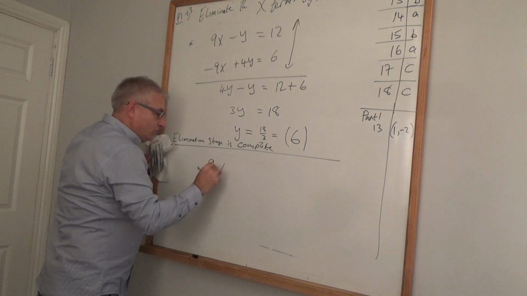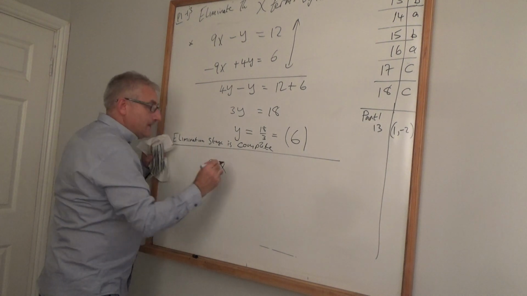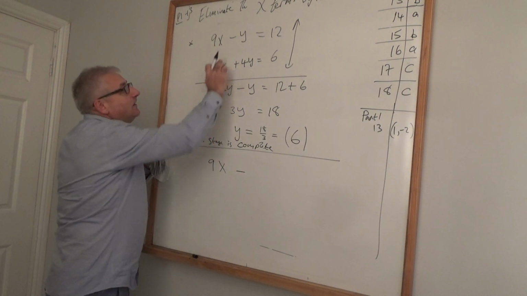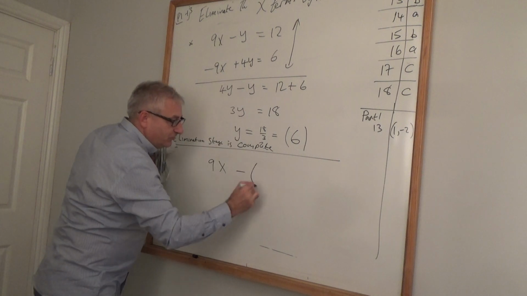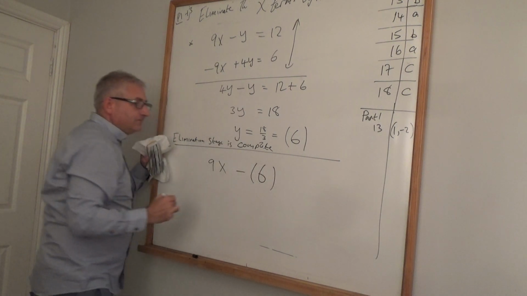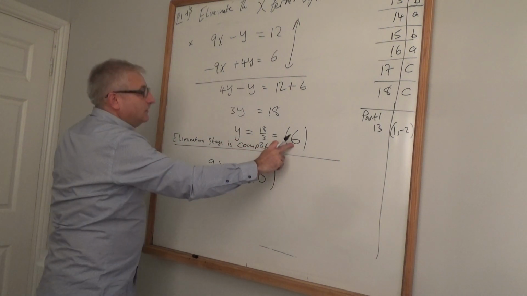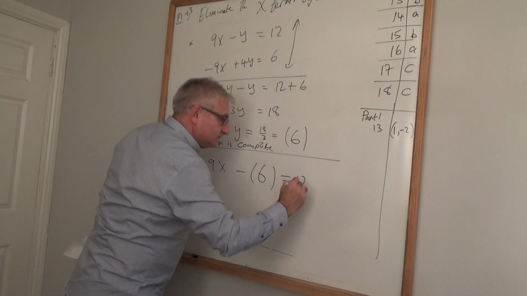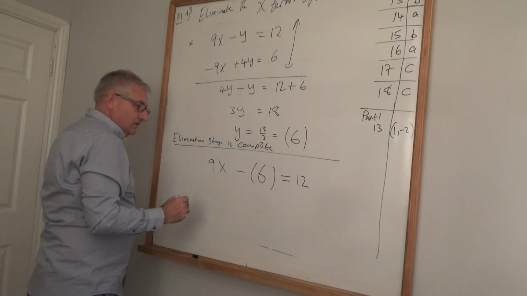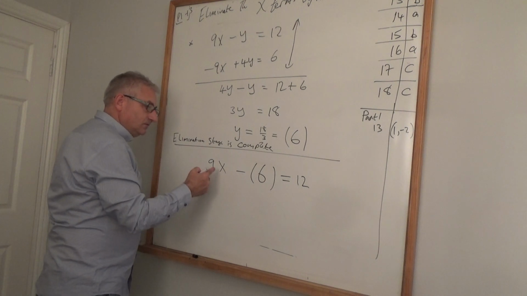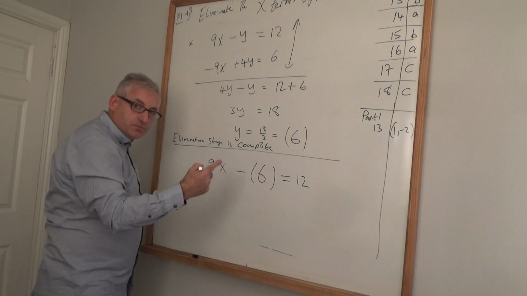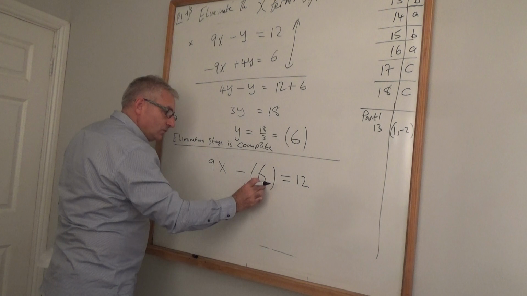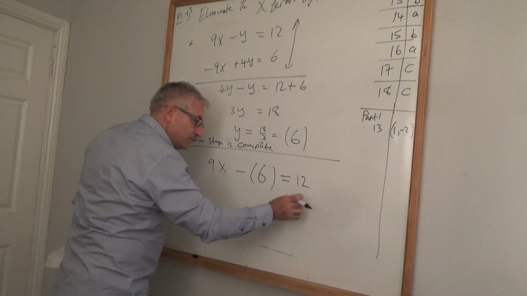9 times the unknown x minus the known and substituted here by 6 equals 12. Now we're going to isolate x by going through our linear algebra steps. Always deal with the loose constant first by popping them across.